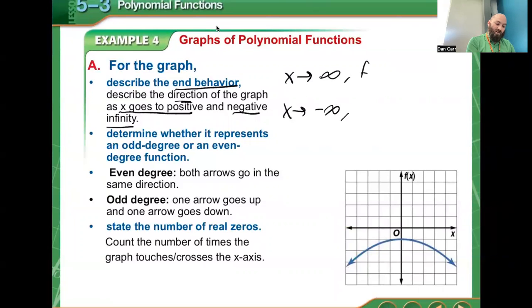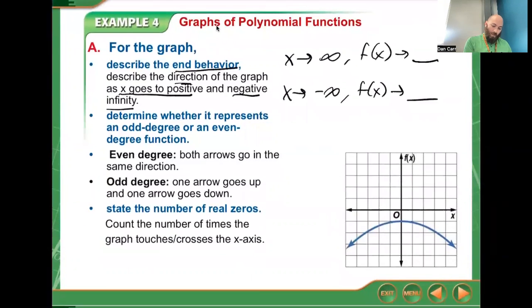The second half of each of these is you're describing what happens to f of x. Okay, so f of x is going to approach something. This can change. For this example down here, I'll write it here. So I'll say x approaches negative infinity on this side.